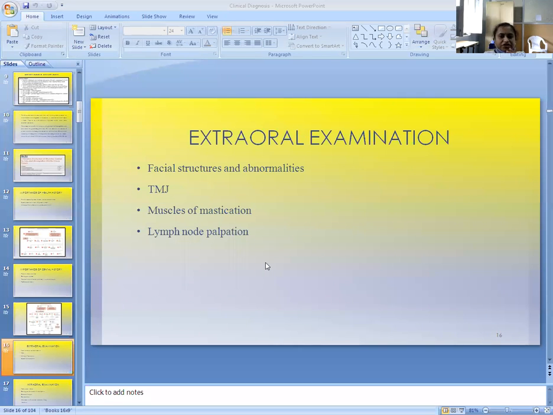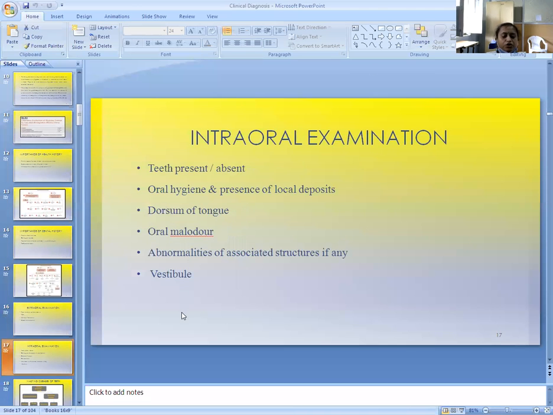Okay, so after extraoral examination, you have to go for intraoral examination. In intraoral examination, you have to check the number of teeth present or absent. If absent teeth are there, then you have to ask the history of tooth loss, meaning what is the reason behind that, whether caries or mobility.